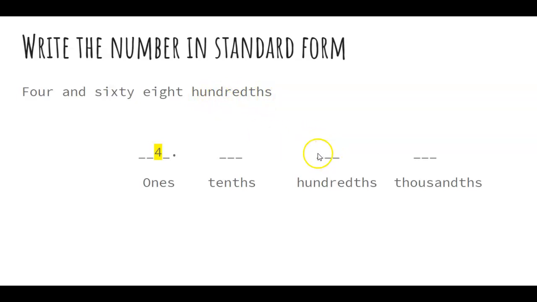So if the 8 is here, then the 6 is here. So like this, 68 hundredths. Now, it's okay that there's no thousandths here. I was just showing you the place value chart. Okay, so if I put it together, my 4 and 68 hundredths.